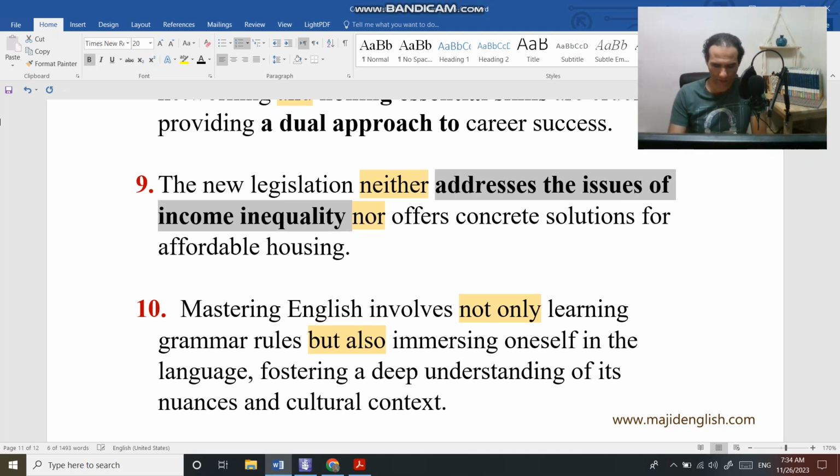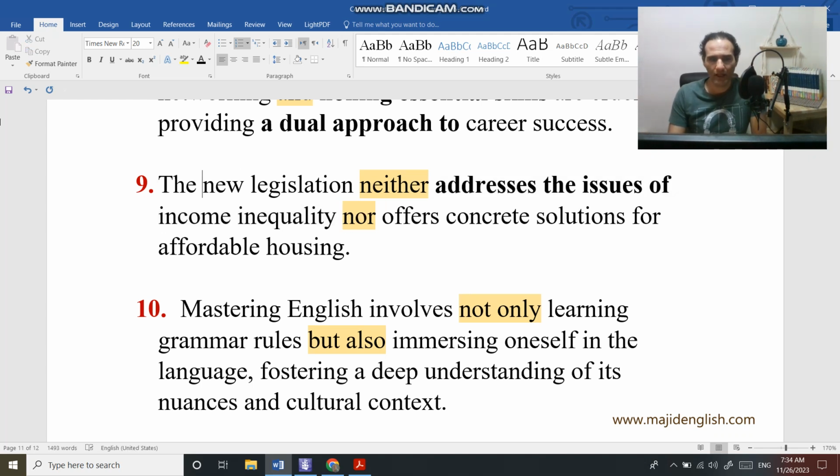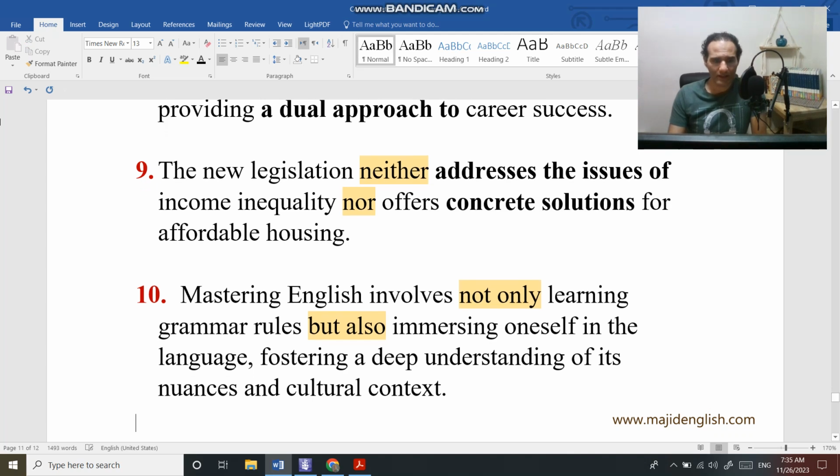You can have that one in your vocabulary notebook. Nor offers concrete solutions, strong solutions for affordable housing. And the last one.